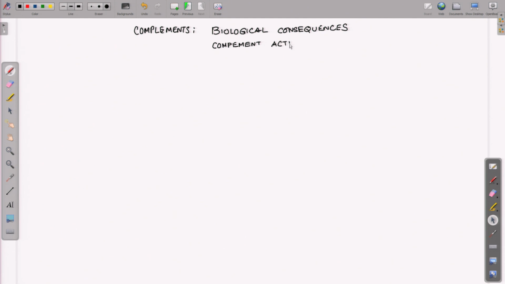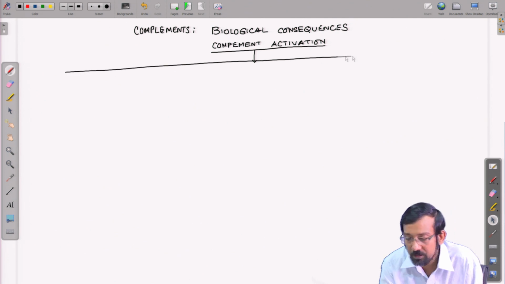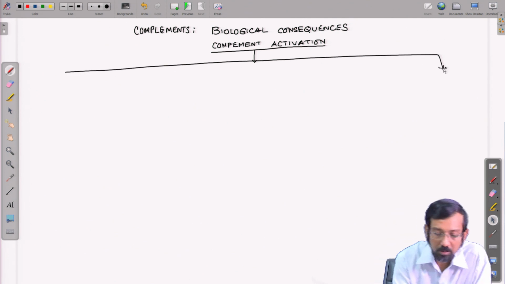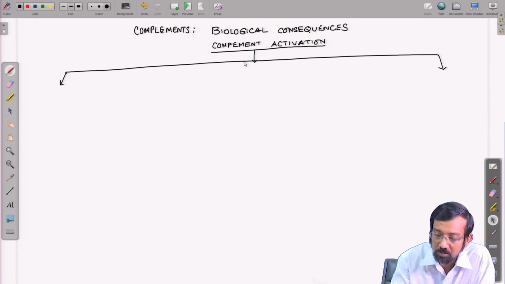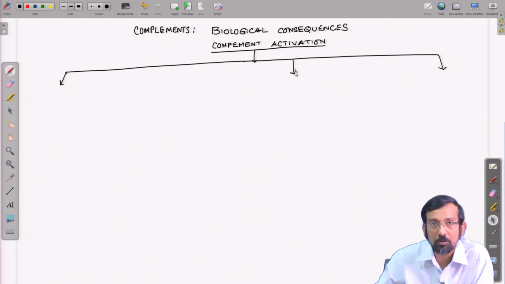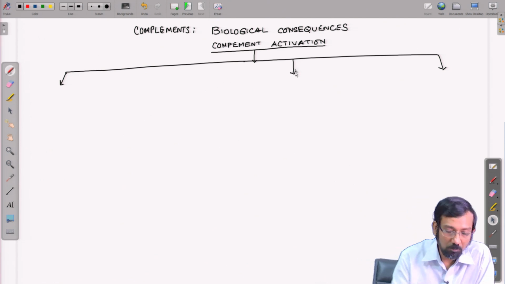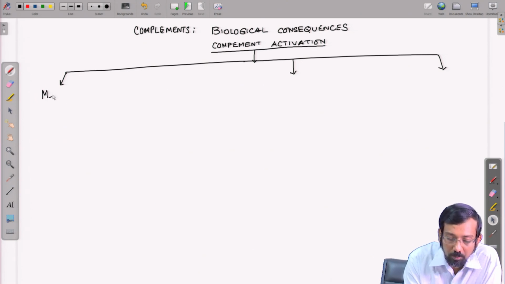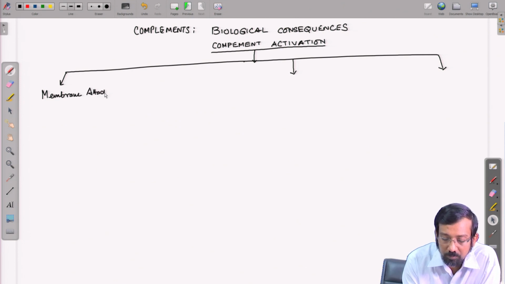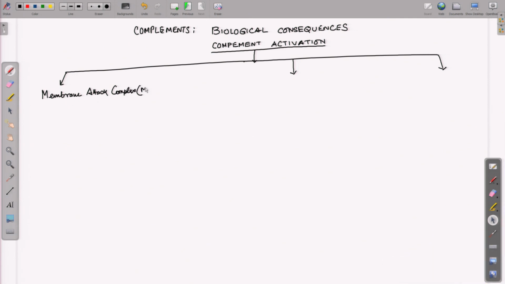After complement activation, which is what we learnt in our last class, this leads to at least three different consequences. One of the major consequences is formation of the membrane attack complex, or the MAC.